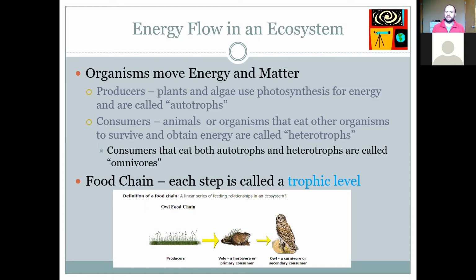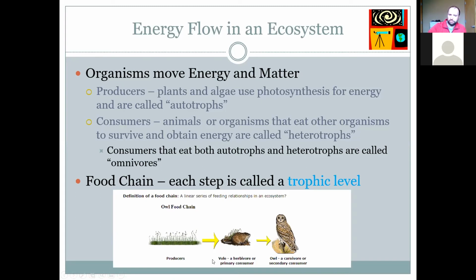So consumers can be split up into primary consumers and secondary. If you look down here on the bottom, this would be the food chain of an owl. Okay, so again, we're just looking at one series of relationships. At the bottom, we have a producer, which is the grass or the plants.